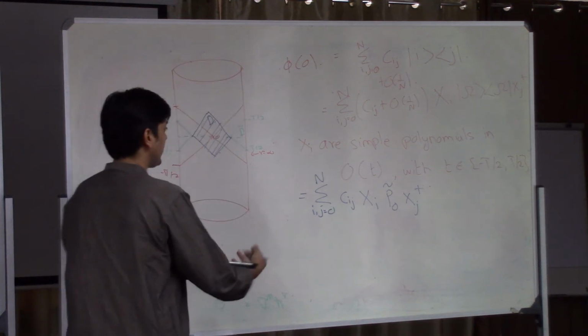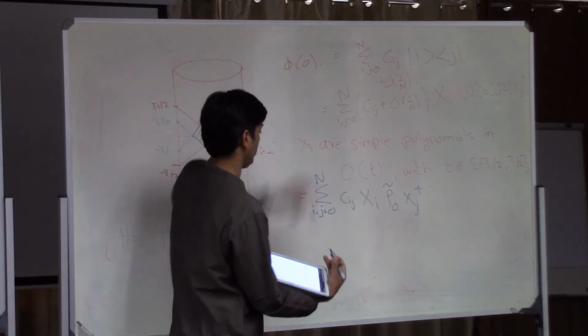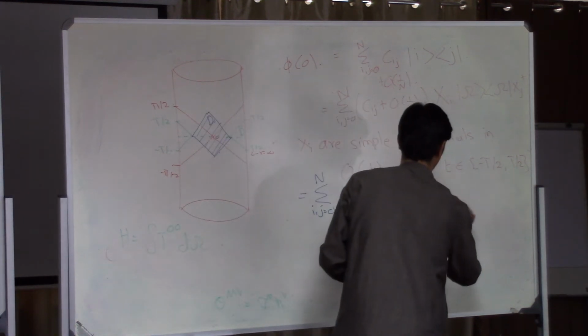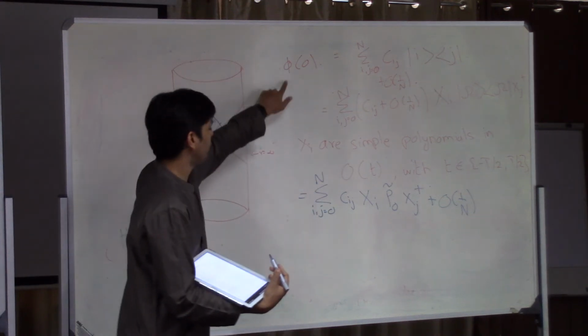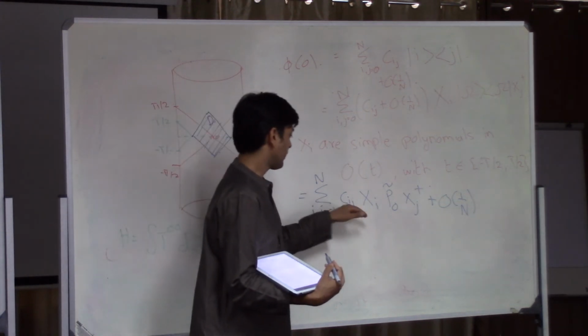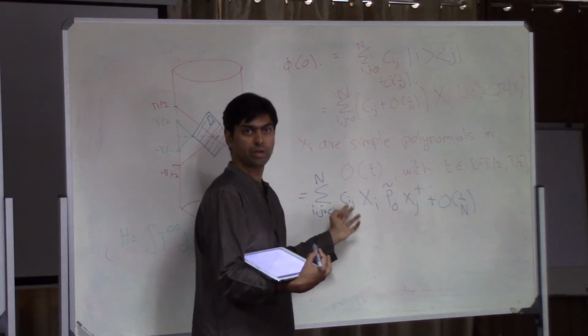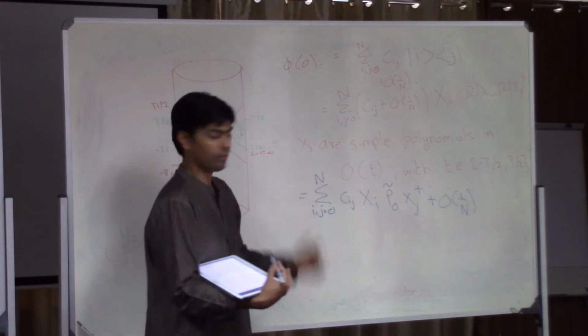Okay, so you see now I have derived the fact that phi of 0 can be written as made up of the following ingredients. Some coefficient Cij that can be worked out from bulk effective field theory in AdS, and which we can work out explicitly.